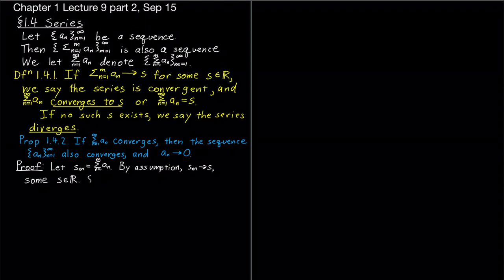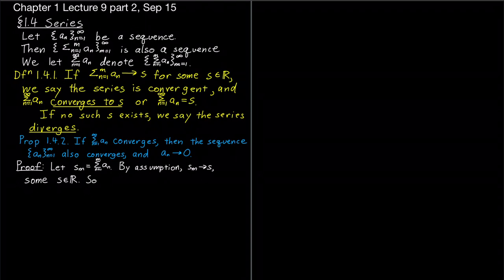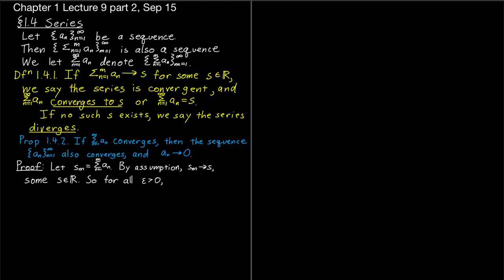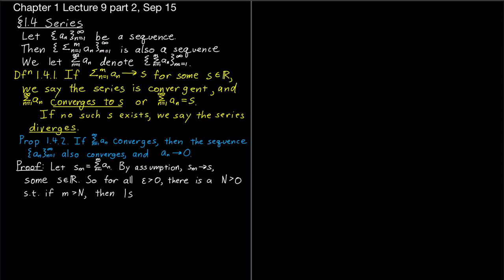So, for all epsilon bigger than 0, there is a big N bigger than 0 such that if m is bigger than N, then |S_m minus S|, let's make it less than epsilon over 2.